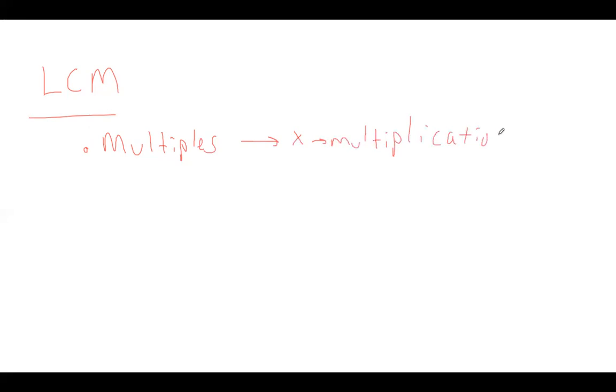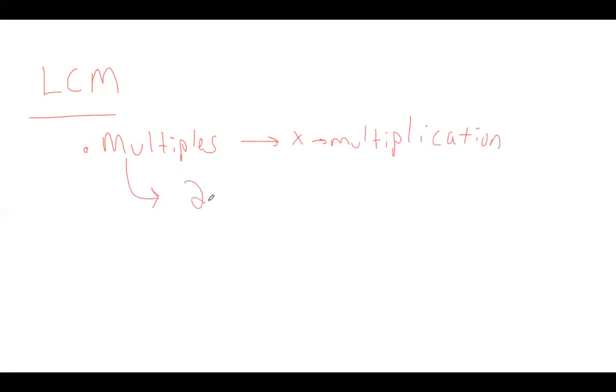Okay, let's move on then to least common multiple, okay, or LCM. Factoring deals with division, whereas multiples deal with multiplication, okay? Multiples are just like counting by a number, right?